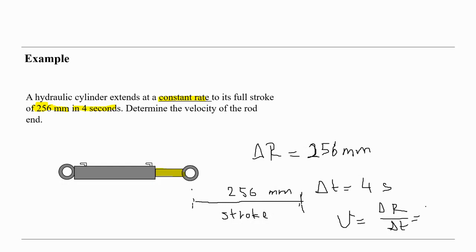And the speed, since it is a constant rate, is equal to delta R over delta t, and this is equal to 256 over 4, which is 64 meters per second. Sorry, millimeters per second, because it's in millimeter units.